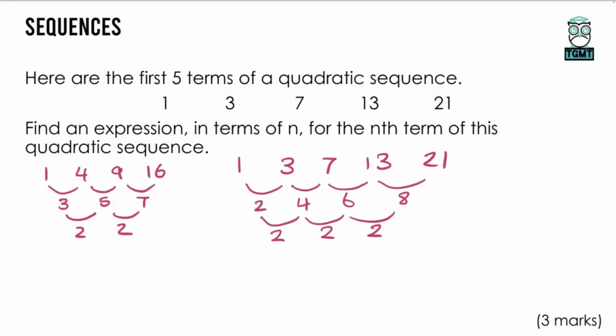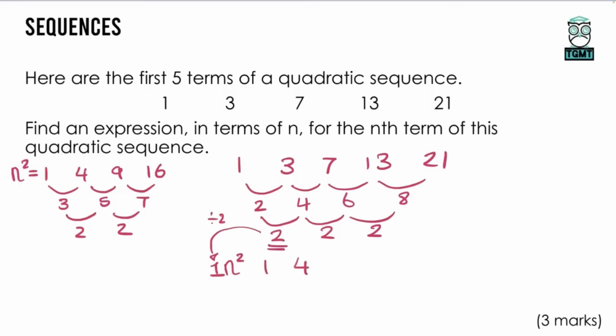Now, that sequence up there is called n squared, and n squared has a second difference of 2. So whatever you get as your second difference, to find what goes in front of n squared, because it can be 2 or 3n squared, you have to divide the second difference by 2, and that tells us that it's 1n squared.